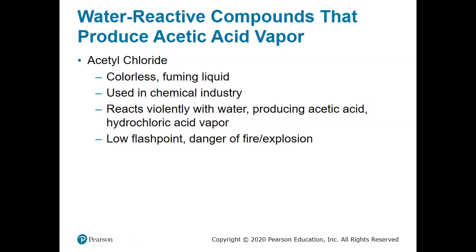What's particularly dangerous about acetyl chloride, in addition to forming all of these corrosive agents, is that it's also very flammable. It has a low flash point. It is a risk for fire and potential explosion depending upon the circumstances.